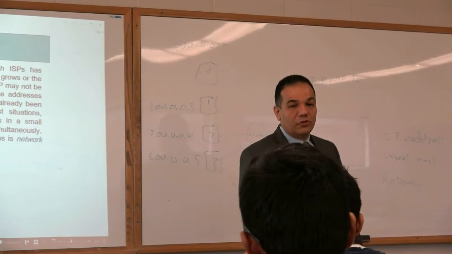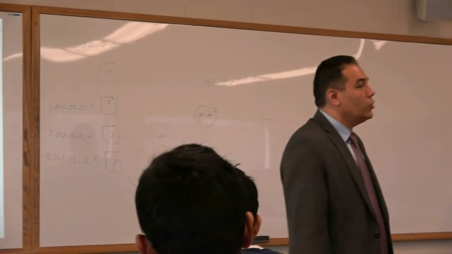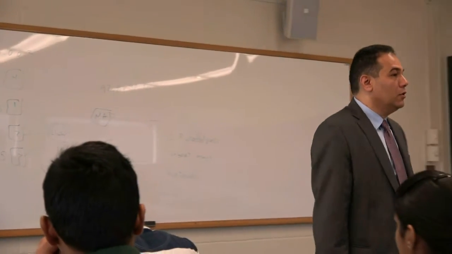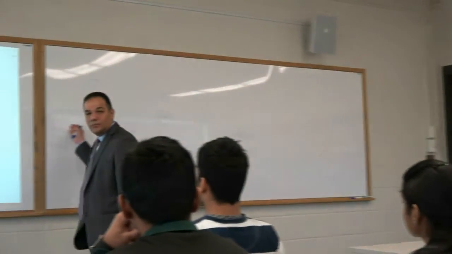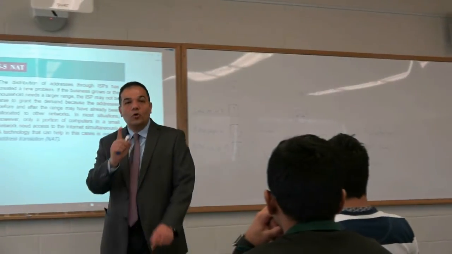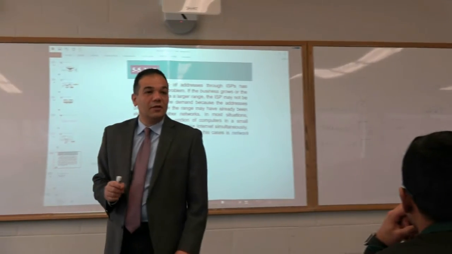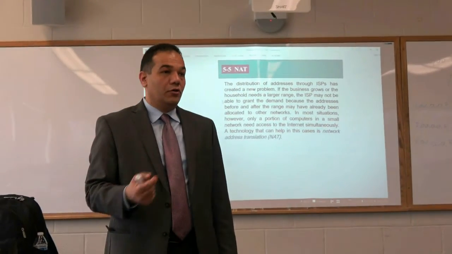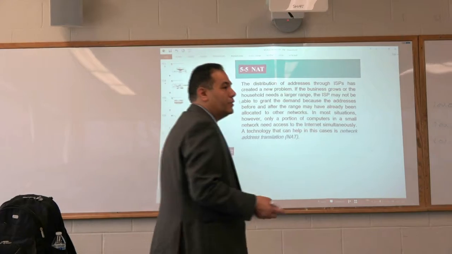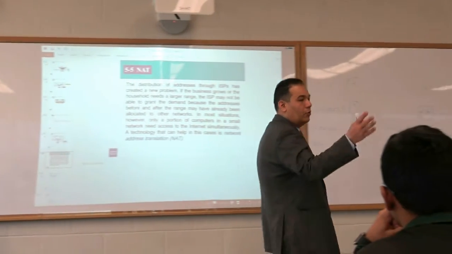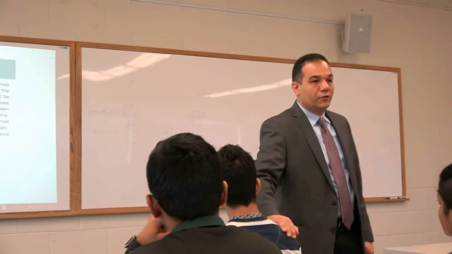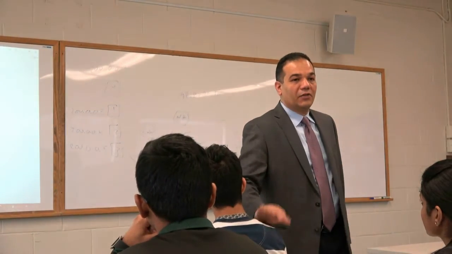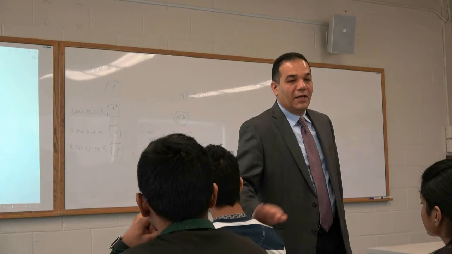That's what we call network address translation. So instead of using the local address, when you communicate with the external world, we use one IP address as a messenger. That's exactly what it is. This one is a real IP address, and the rest of us have fake IP addresses.